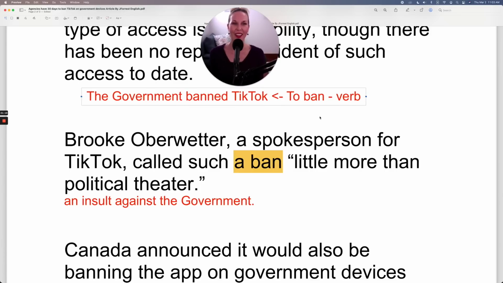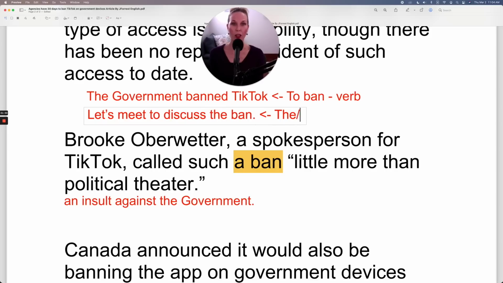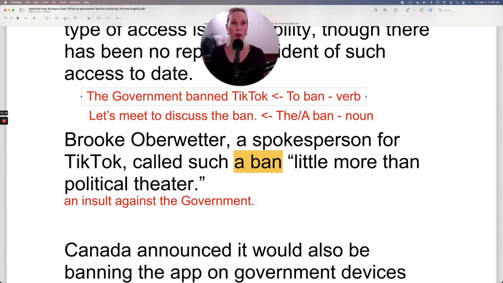Now, our other example was, let's meet to discuss the ban. In this case, the or a ban is a noun. And an easy way to identify if something is a noun or a verb, if it's a verb, it's going to be conjugated.